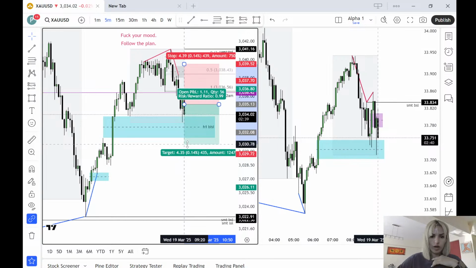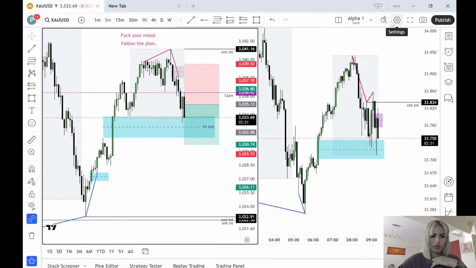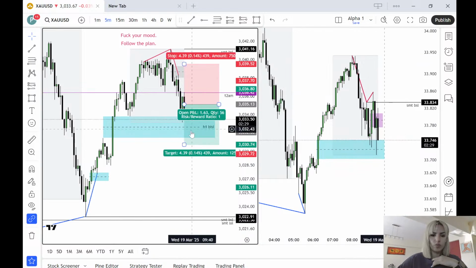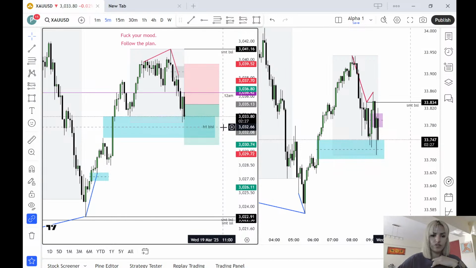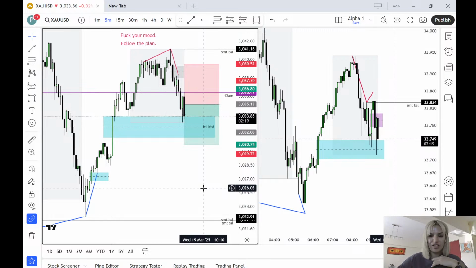Once we reach 1R, I'm going to consider moving stops to break even, or maybe taking some partial. It really depends on what reaction I see once price reaches into the consequent encroachment of the 1 hour bullish fair value gap.